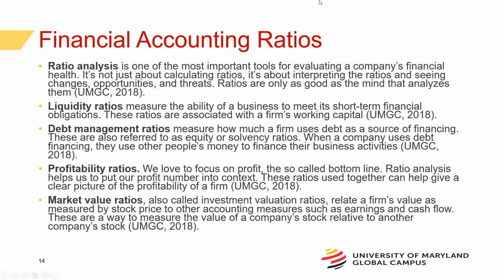These ratios tell us how well a company is operating, how profitable they are, how well they're managing their debt, how liquid the business is. These are really important calculations for us as managers to make in order to understand the financial health of the company. So ratios are very important evaluation tools for managers to understand the overall health of the company.